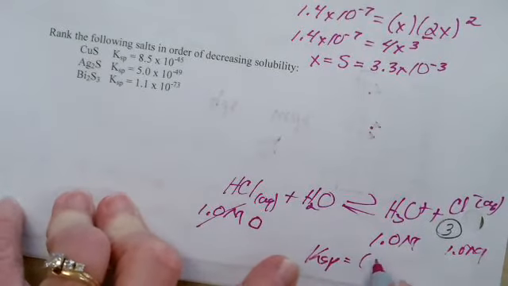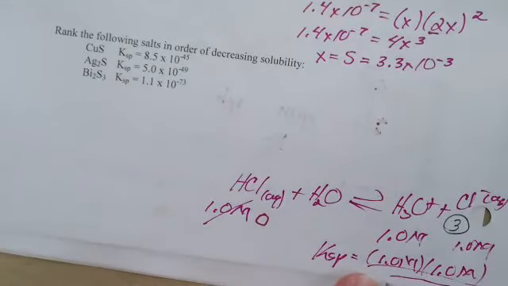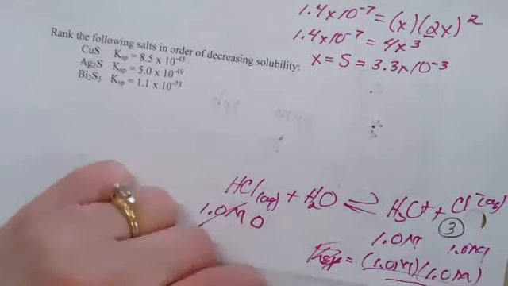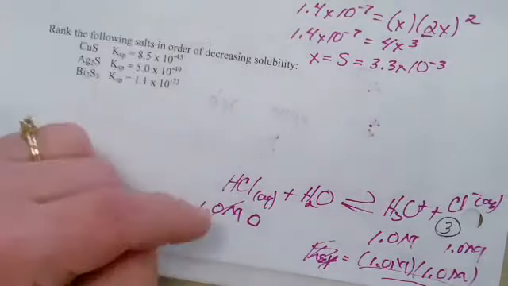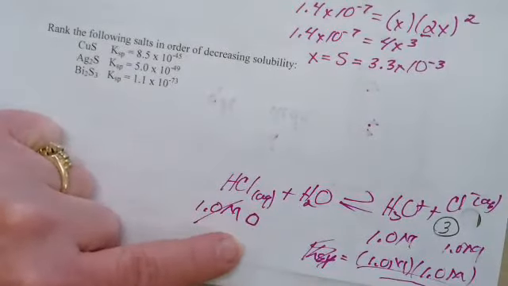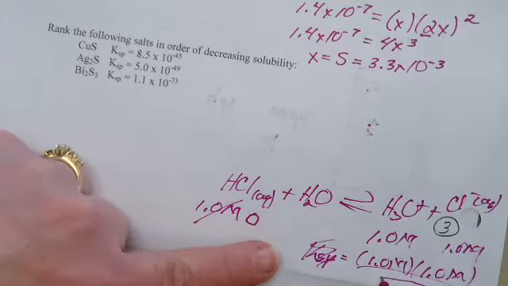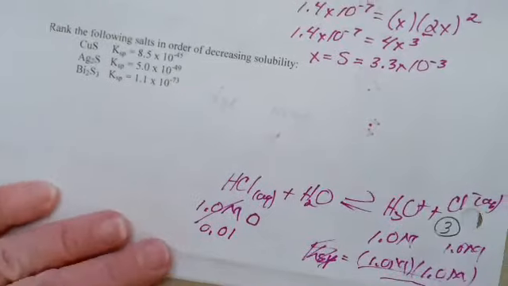And so the Ksp, 1 molar, 1 molar, and then an incredibly small. And so I think we can expect greater than 1, right? But then what if it's 0.01?